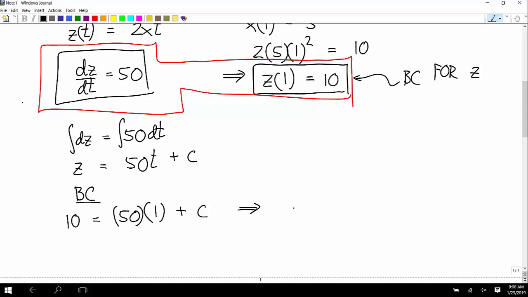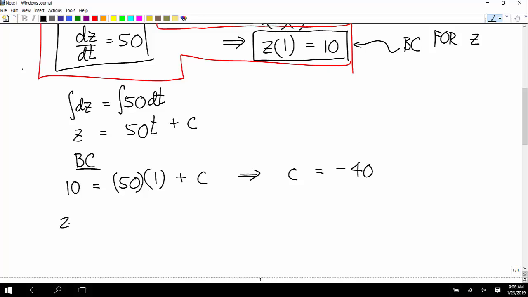So c is equal to negative 40. And so our function z of t is equal to 50t minus 40.